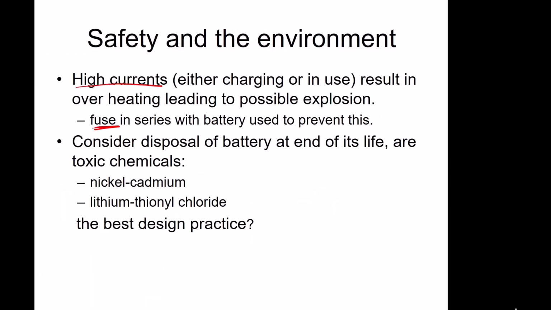When you're doing your projects and you're only making one item, this is not really a concern. But if you went into mass production and you were making millions of this product, then potentially you're going to have a lot of toxic chemicals as a byproduct when the product comes to the end of its life. So that is something you should consider when you're designing your systems, what materials, batteries, etc. to use.